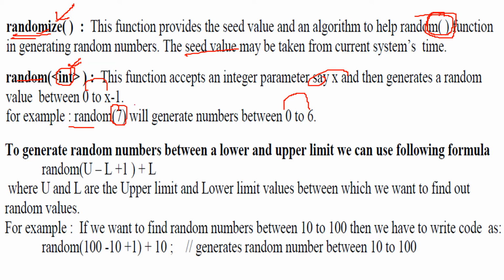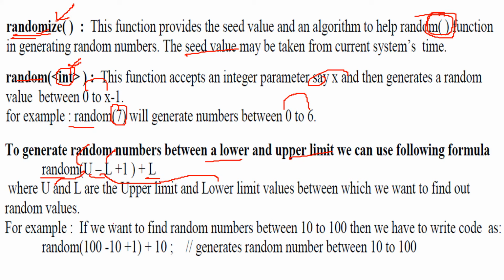And in order to generate a random number between, say, a lower and upper limit, what you can do is use the formula random(U minus L plus 1) plus L. Here U is the upper limit, L is the lower limit, in between which we need to find the random values.